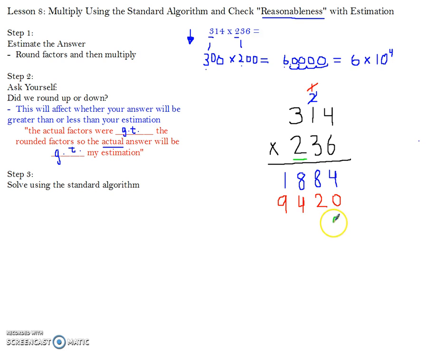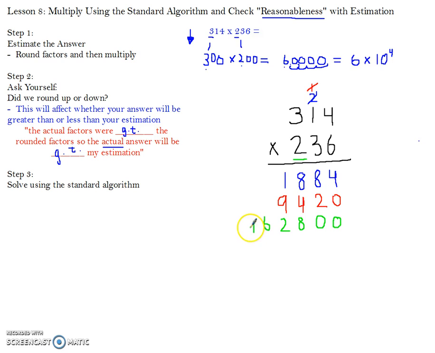And to show that my answer is representative of the hundreds, I'm going to put my 2 zeros down here. Now I'm ready to multiply. 2 times 4 is 8. 2 times 1 is 2. And 2 times 3 is 6.